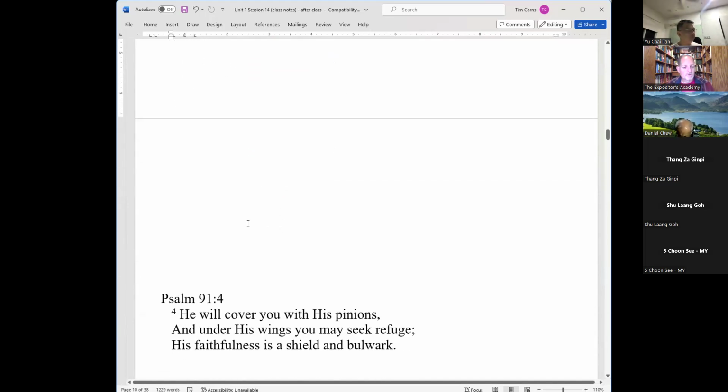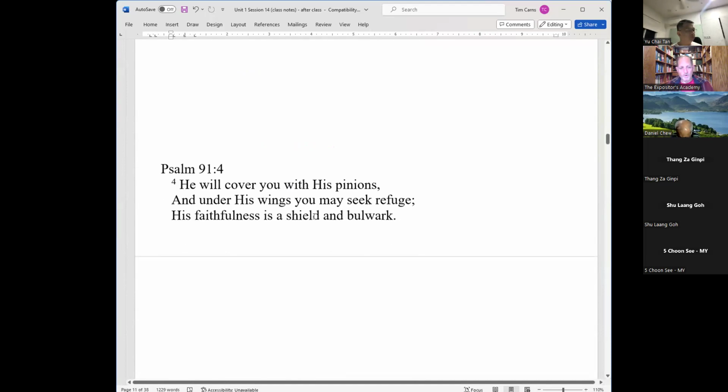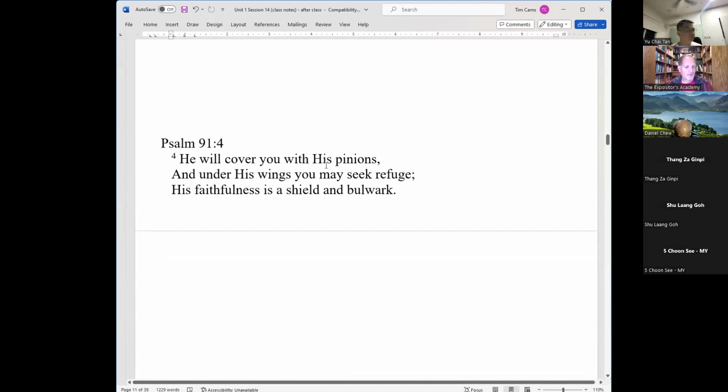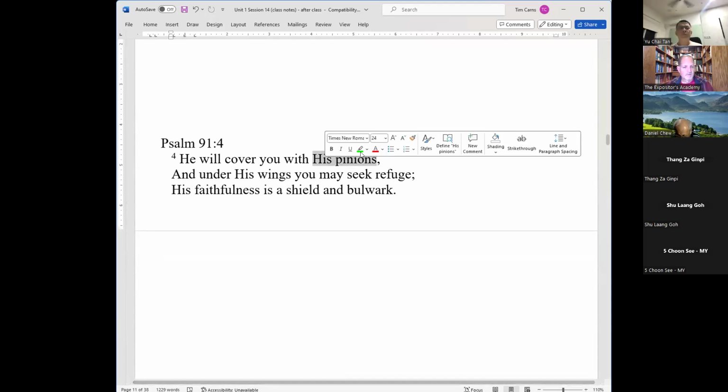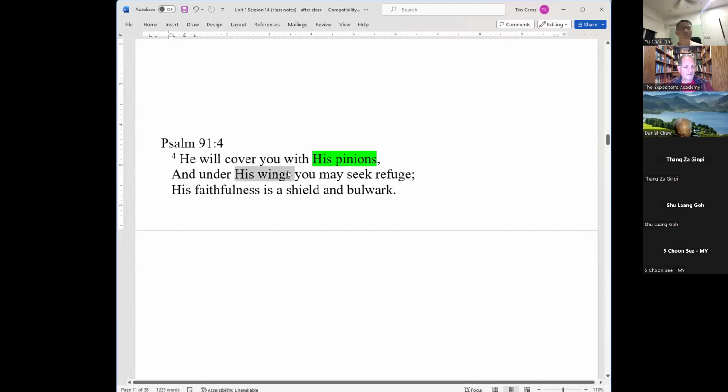Now, when we approach, oh, sorry, one more we did. Do you guys remember this one? He will cover you with his pinions, his feathers. Under his wings, you may seek refuge. Remember what we called that? Yep, zoomorphism. Animal features attributed to God or expressing God.